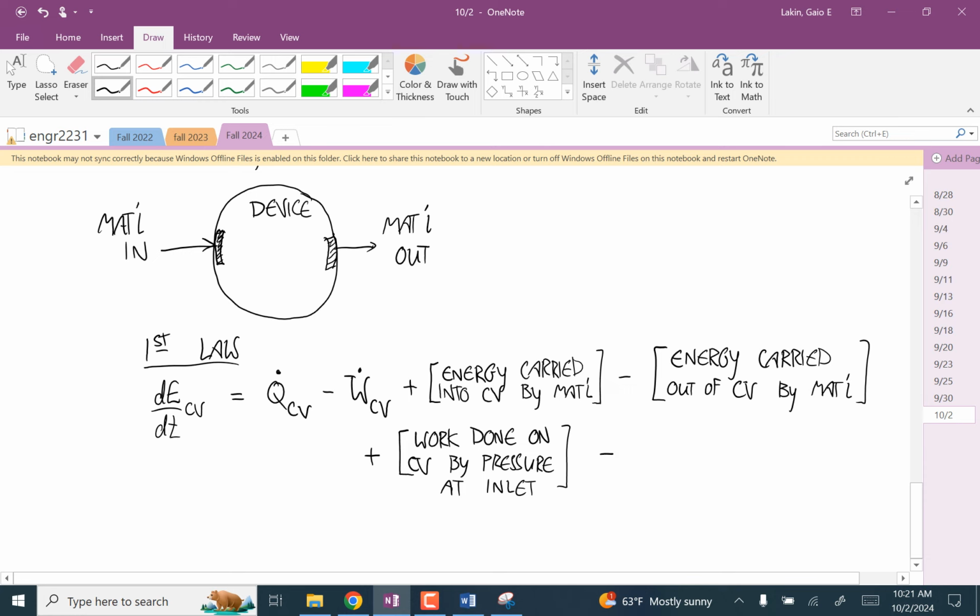Plus work done on the control volume by pressure at the exit.